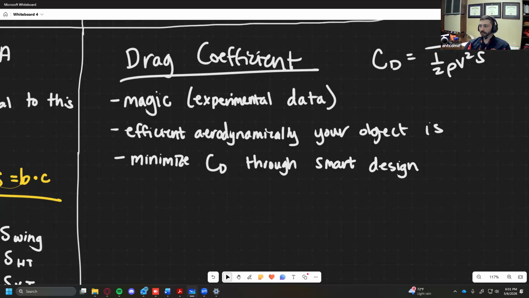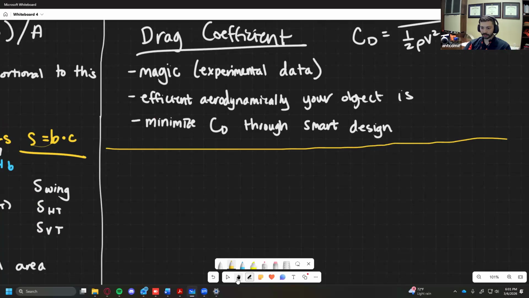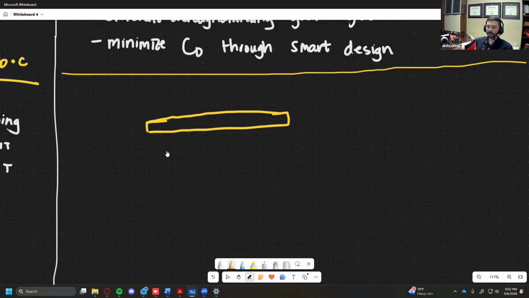So one of the things that I would give you is a practical example, and I can't really show this, but I can give you an example. If you were to create a wing, and let's say because of your limitations on what you could do with your manufacturing methods, you made a wing that looked like this, and then you made a wing that looked something like this, and you had them fly.